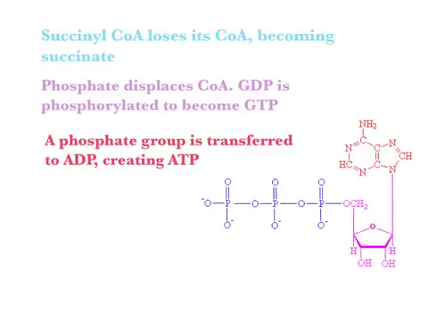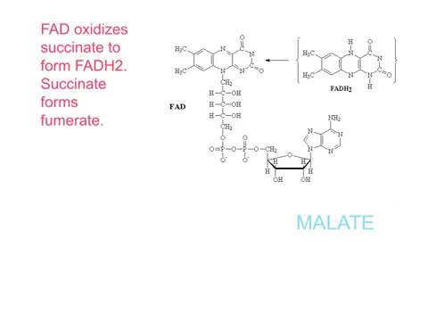Succinyl-CoA loses its CoA and becomes succinate. A phosphate displaces CoA, and GDP is phosphorylated to become GTP. A phosphate group is transferred to ADP, creating ATP. FAD oxidizes succinate to form FADH2.